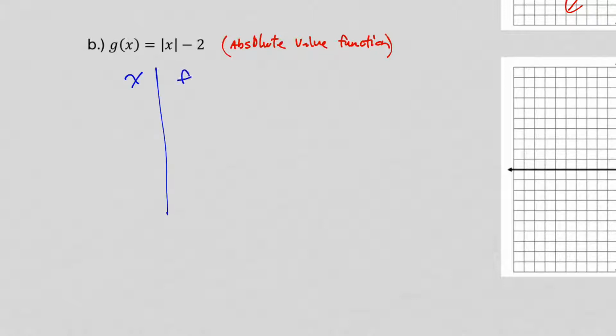So remember, absolute value just basically means it's going to turn all negative x values into positive x values.